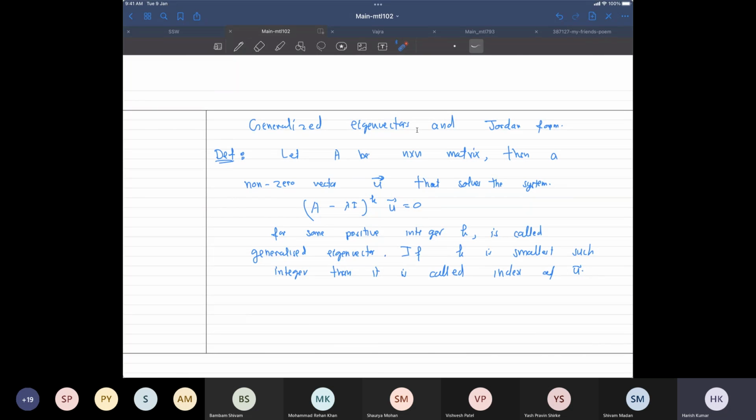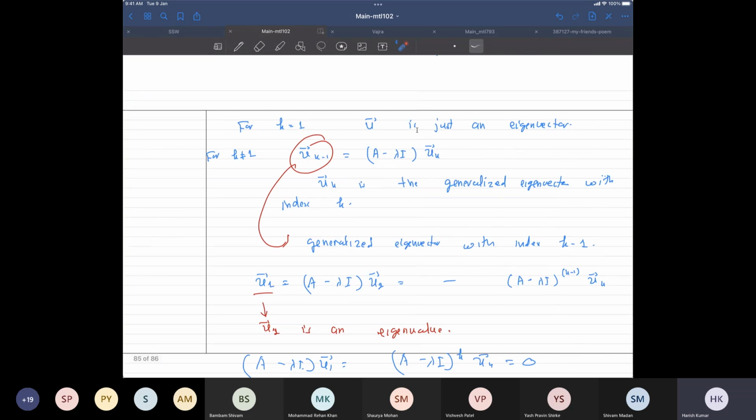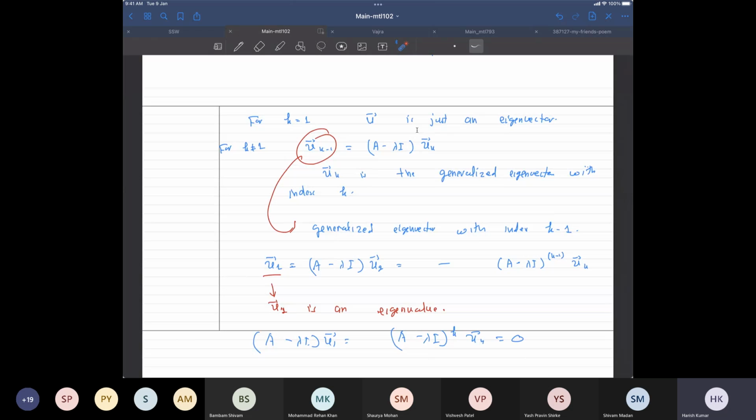Okay, so if you get a smallest such k, then you get a generalized eigenvector, and this smallest such k is called the index of this generalized eigenvector. And then from one generalized eigenvector we constructed a set of generalized eigenvectors of lower index, and also an eigenvector.